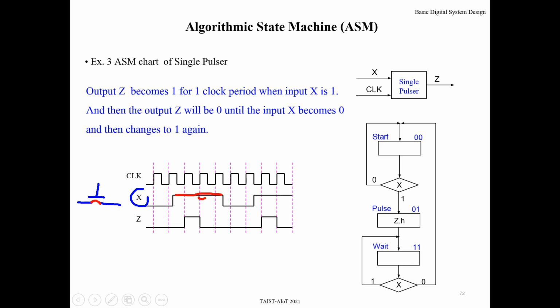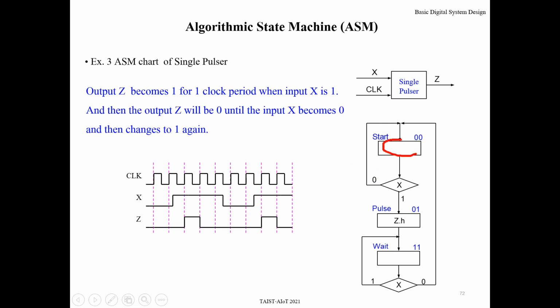If the user is still pressing the switch, it must wait for the user to release the switch, and then wait for the user to press the switch again. Okay, something like this.